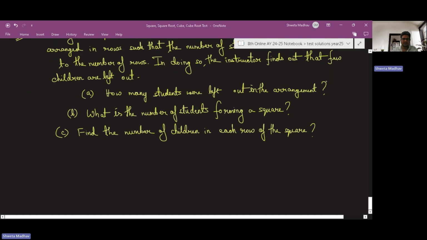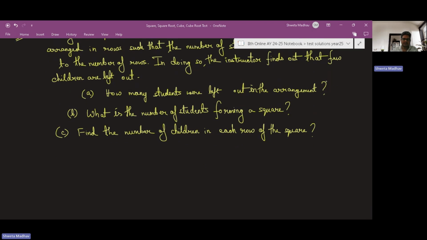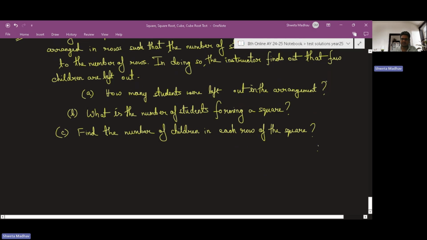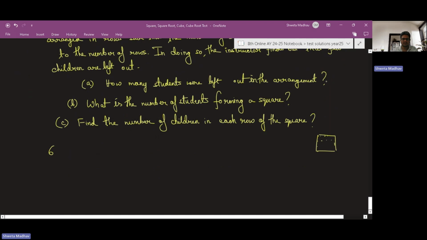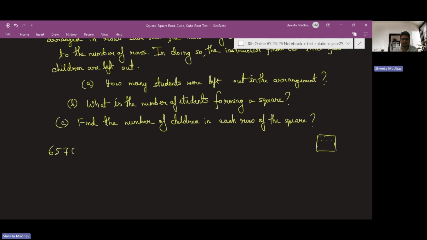So here we need to find how many students were left out after forming that square, since the number of rows is the same as the number of students in each row. So one square will be formed. So we have to find the square root of 6570 by using long division.